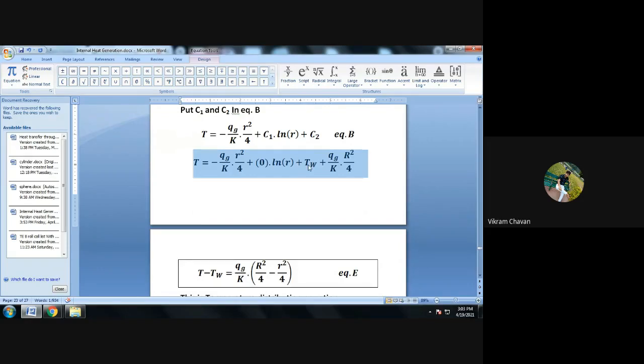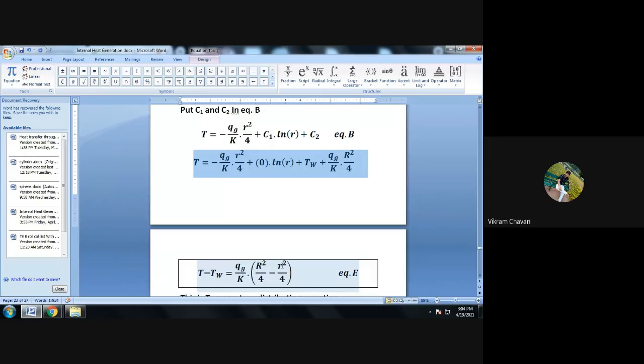If you transfer this Tw to this side, it becomes T minus Tw, which is equal to, taking Qg divided by K common from the remaining two terms, Qg divided by K multiplied by, in the bracket, capital R square divided by 4 minus small r square divided by 4.